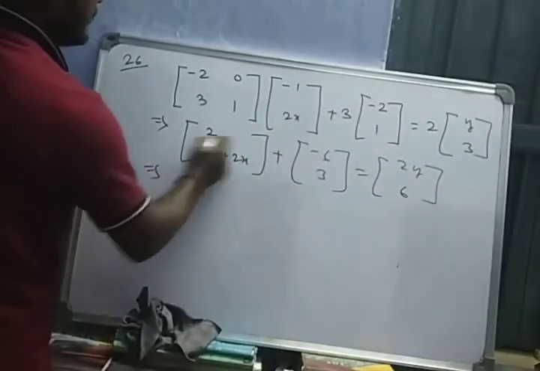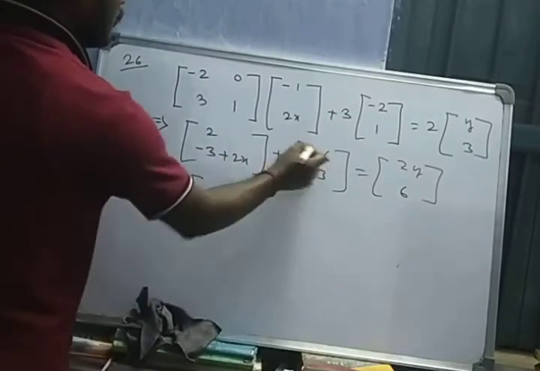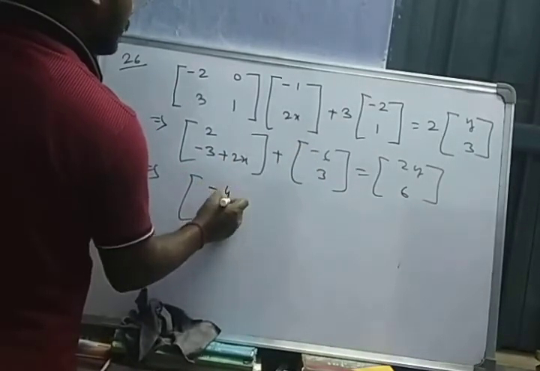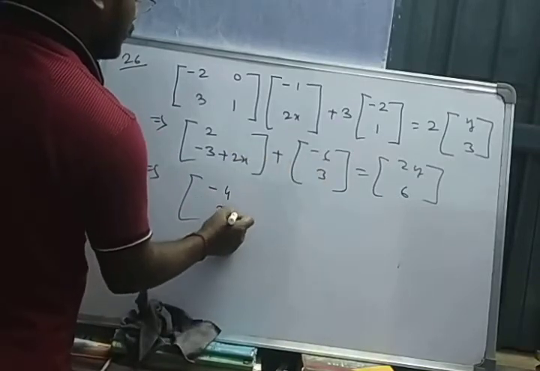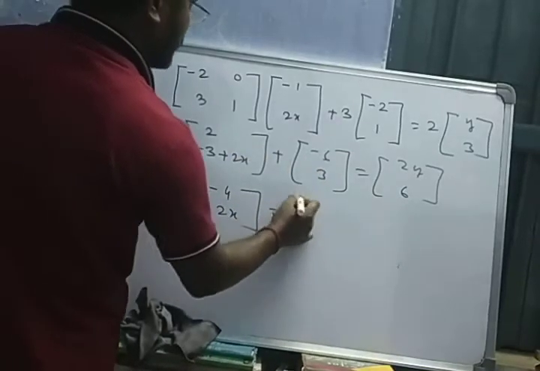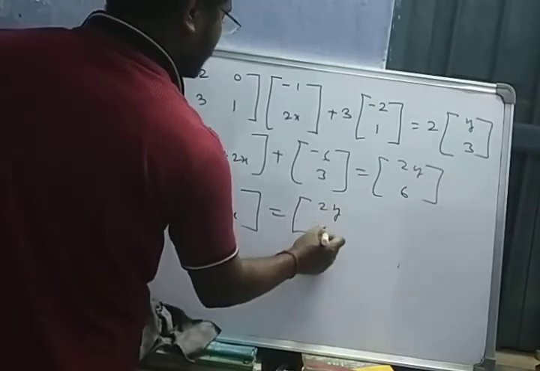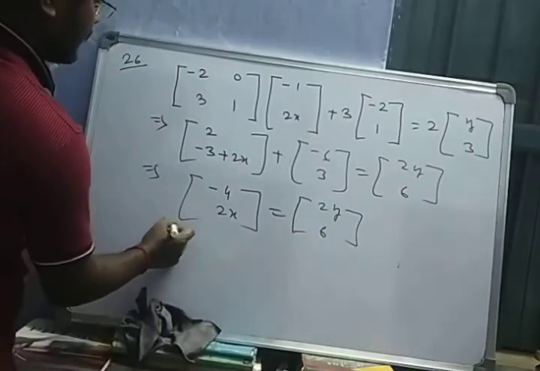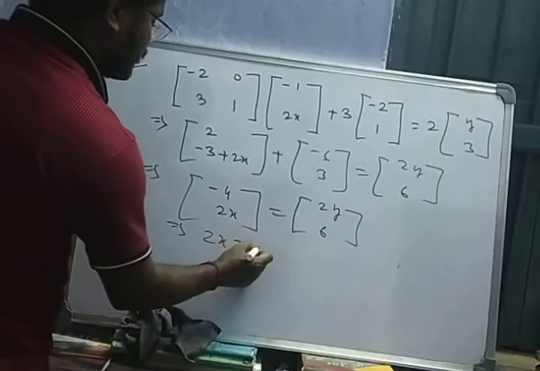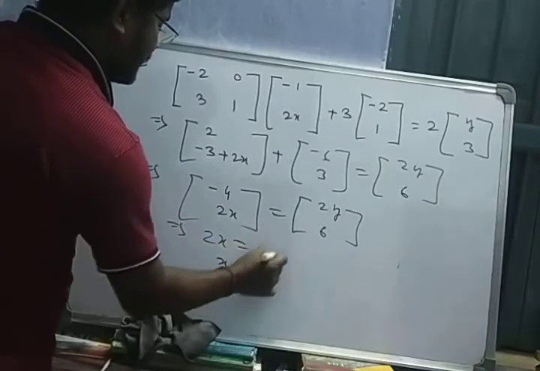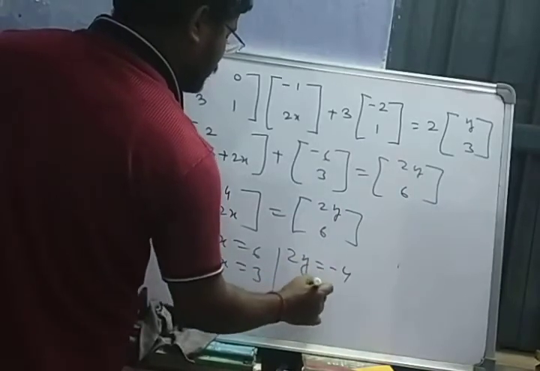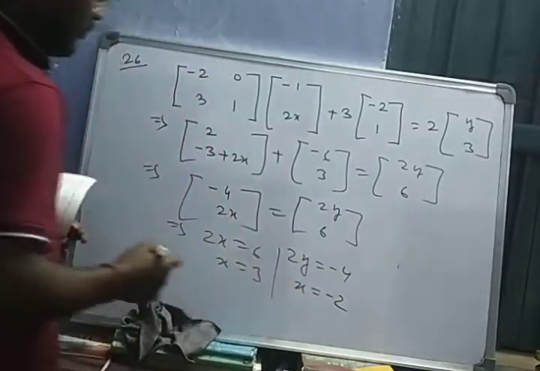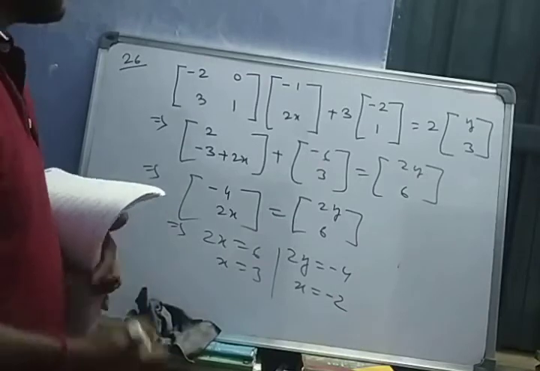Now adding these two matrices, 2 minus 6 minus 4, minus 3 plus 2x plus 3, that is it will be 2x, that is 2y 6. And from this we can say that 2x equals to 6, x equals to 3. Again 2y equals to minus 4, y equals to minus 2. This is the value of x and y.